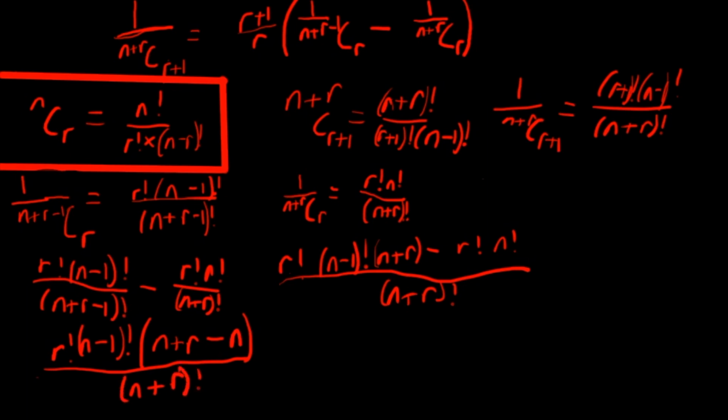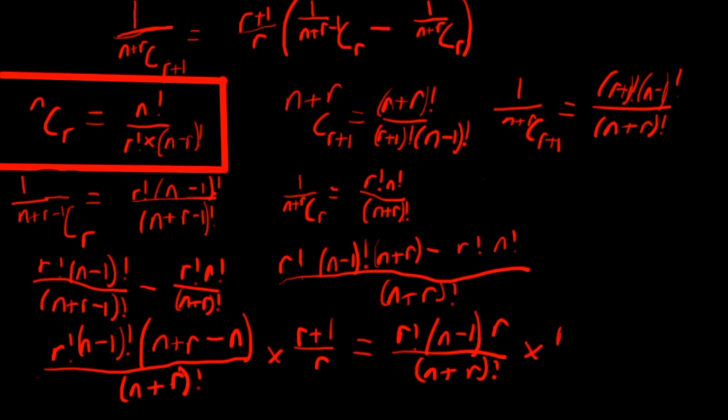Now why don't we introduce the (r plus 1) over r? So we're multiplying this by (r plus 1) over r. This is equivalent to r factorial times (n minus 1) times r divided by (n plus r) factorial, multiplied by (r plus 1) over r.